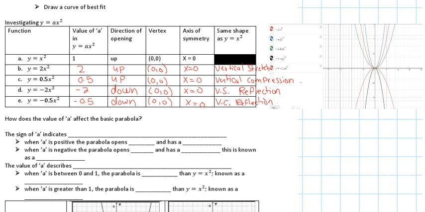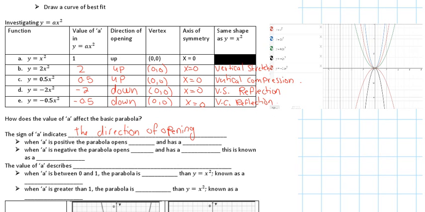Okay? So, the sign of A indicates the direction of opening. The sign means, is it positive or is it negative? So the sign of A indicates the direction of opening. When A is positive, the parabola opens up.